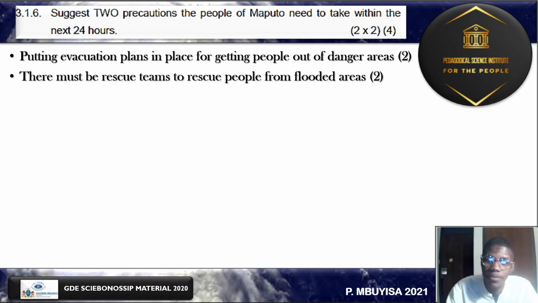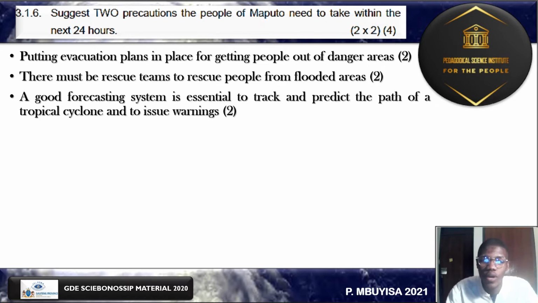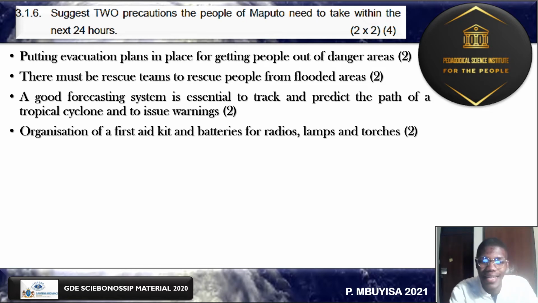So rescue teams must rescue people from flooded areas. We need to have, again, a good early warning system. So the weather forecasting system is very important to predict the pathway of the cyclone, so that necessary precautions should be taken. Everyone needs to have organized some basic necessities they will need.